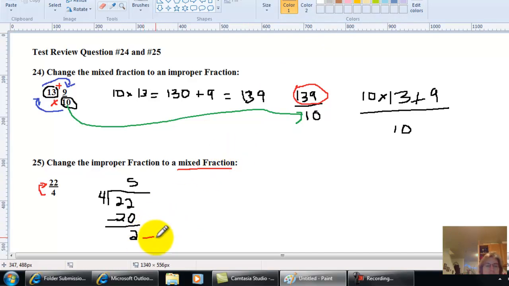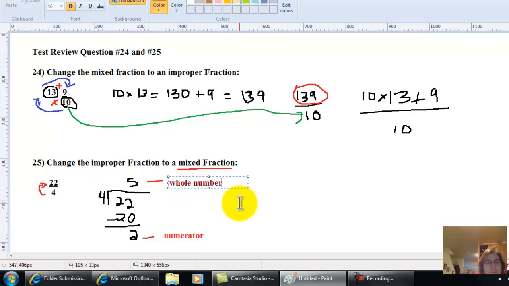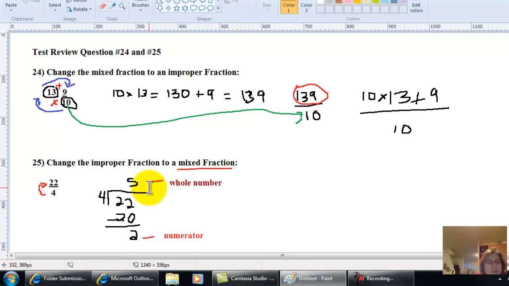So let's put a little line there, and that becomes a numerator. So this one here becomes the whole number. 5 is the whole number, 2 is the numerator, and you put that back over the 4, the original denominator.